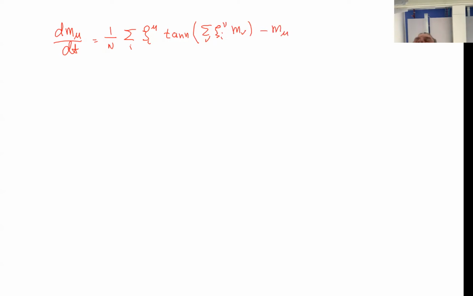As usual, we'll assume that memory μ is dominant, and there's a β in here. Memory μ is dominant, and so we'll separate that out. So we're going to write dm_μ/dt equals 1 over N, the sum on i.